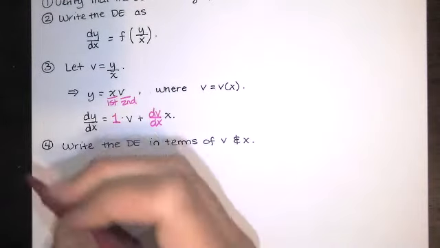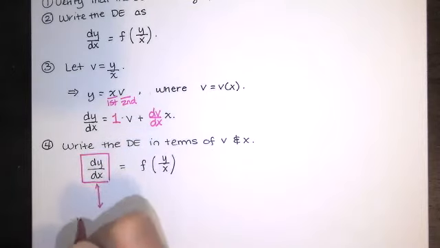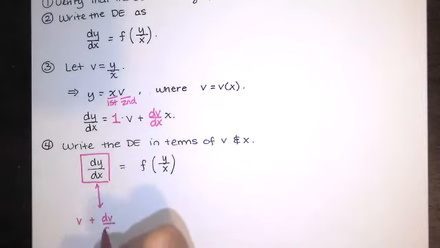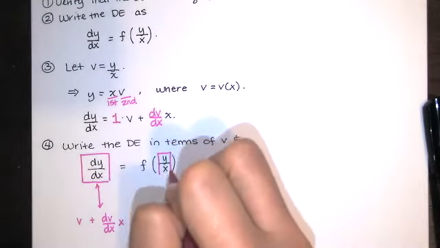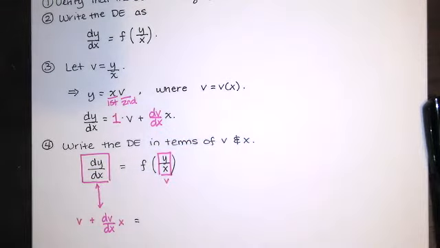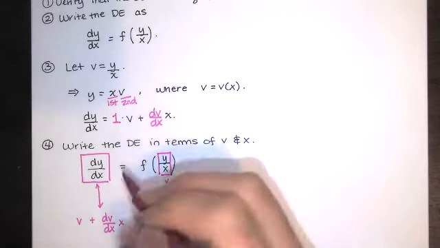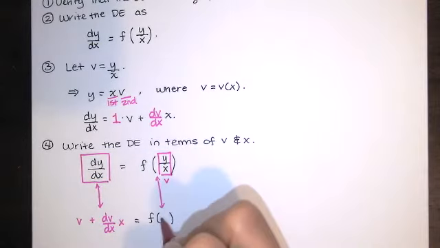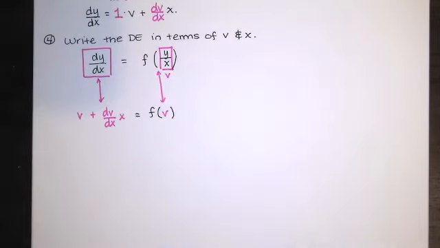So dy dx is replaced by v plus dv dx times x. And then this side over here, well, that's just going to become f of v. And the claim is that this is always separable. So you want to separate the variables.